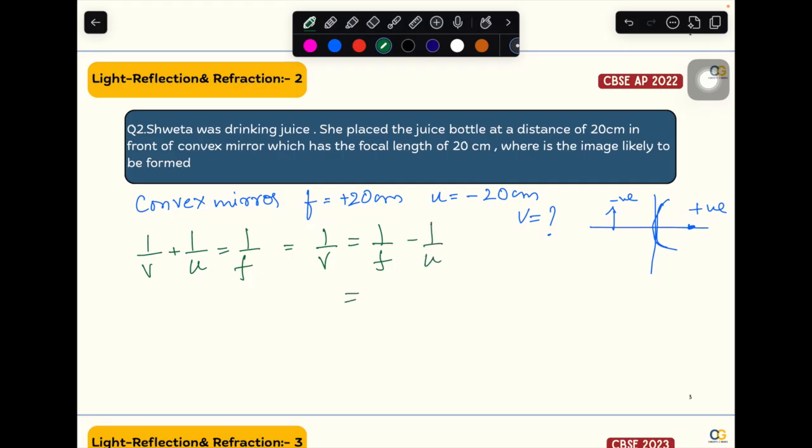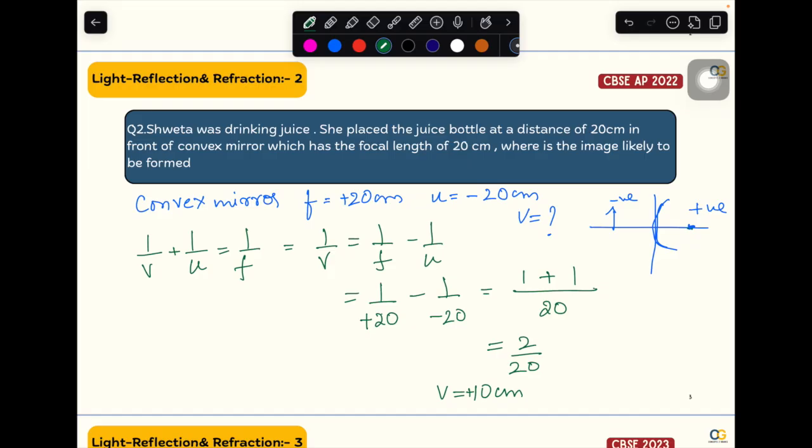If I substitute here, 1/(+20) - (1/(-20)), this would be equal to 1 plus 1, the minus becomes plus, which is equal to 2/20. So the image distance will be 10 centimeters and it is positive. Yes, because the image is usually formed behind the mirror in the case of a convex mirror.